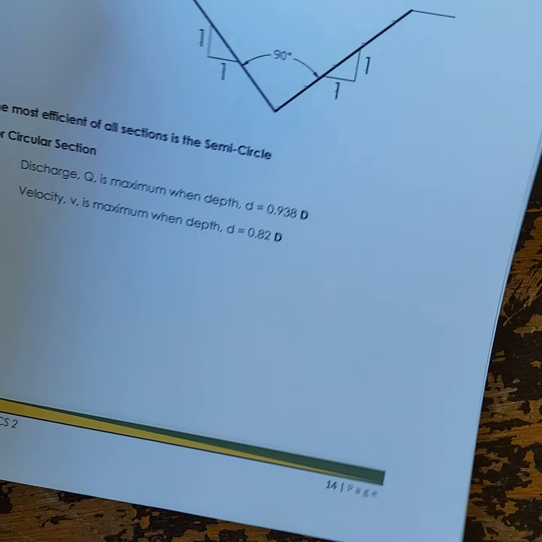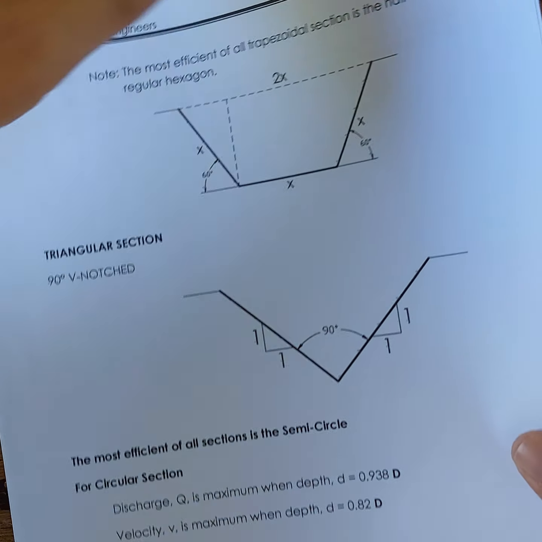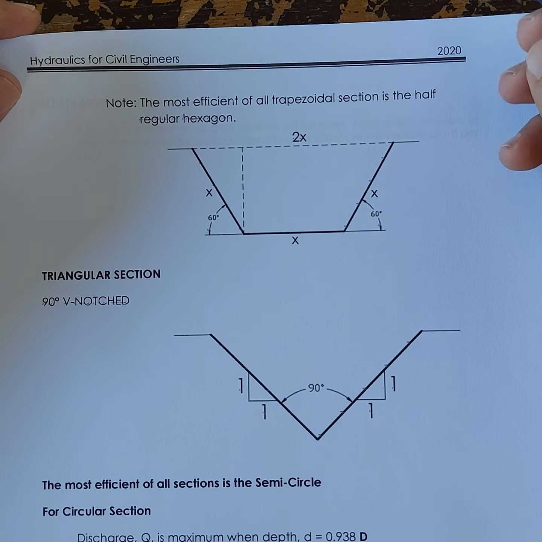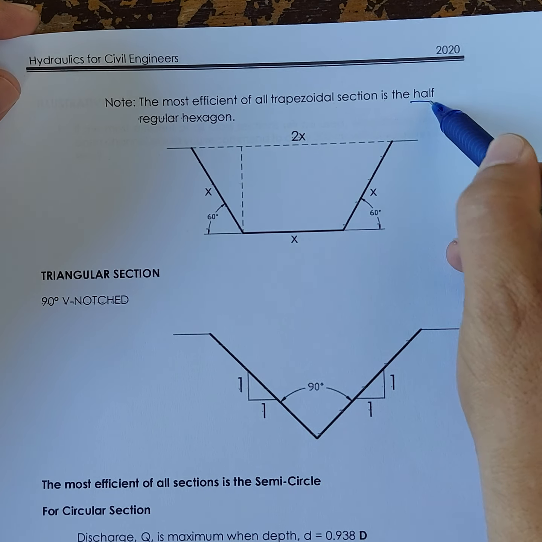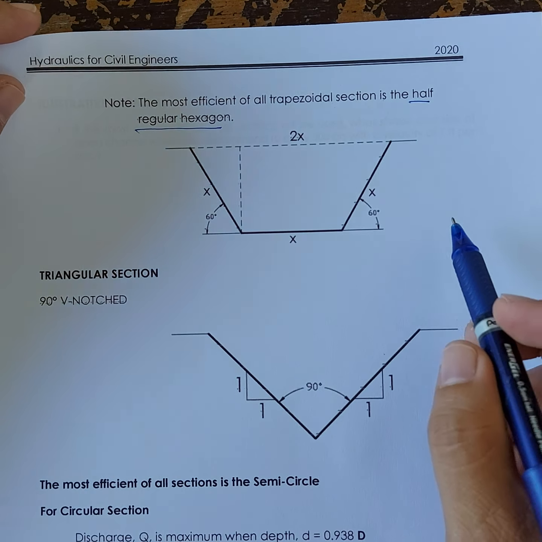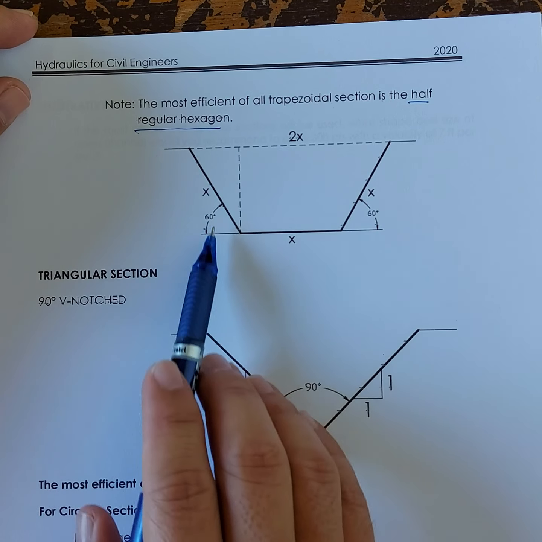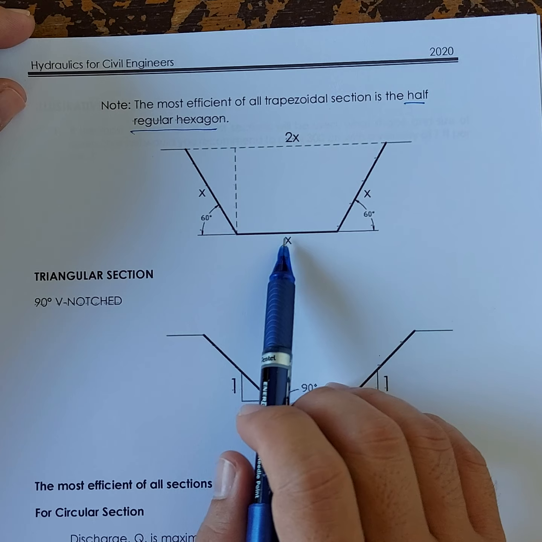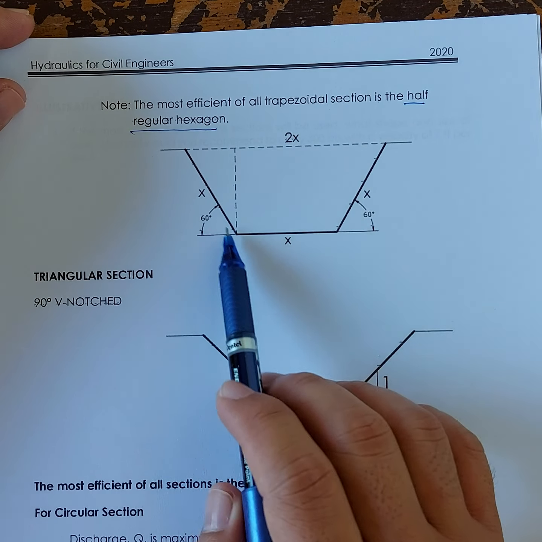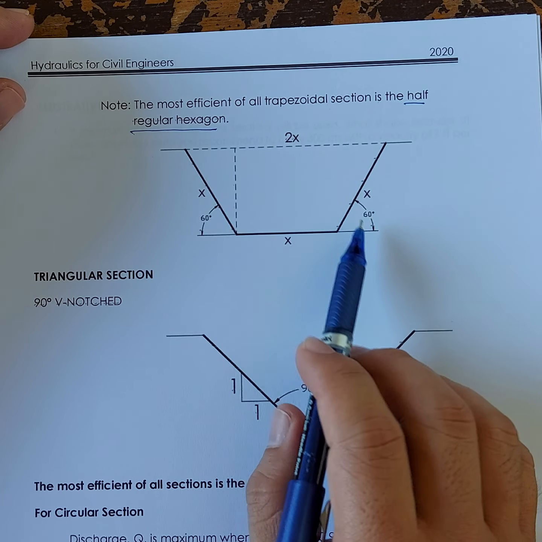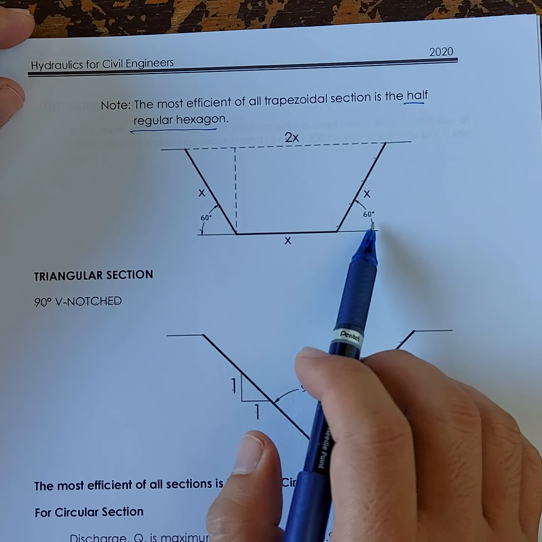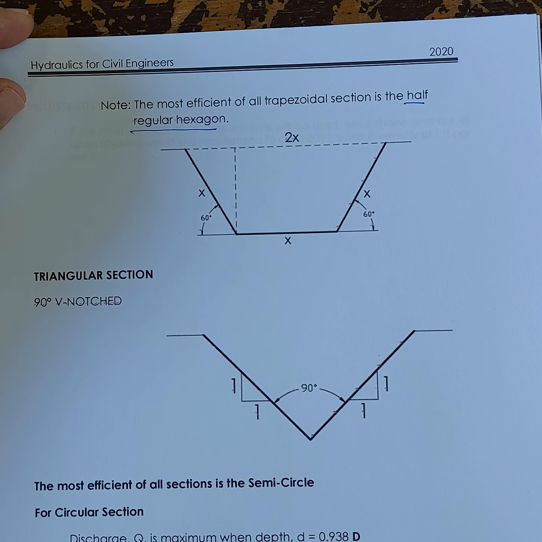Now for trapezoidal sections, the most efficient of all trapezoidal sections is the regular half hexagon, which means that yung sides nito, trapezoid natin, are equal. So if the base is x, that means the sides are also equivalent to x, and the angle of inclination of the sides relative to the horizontal is 60 degrees.